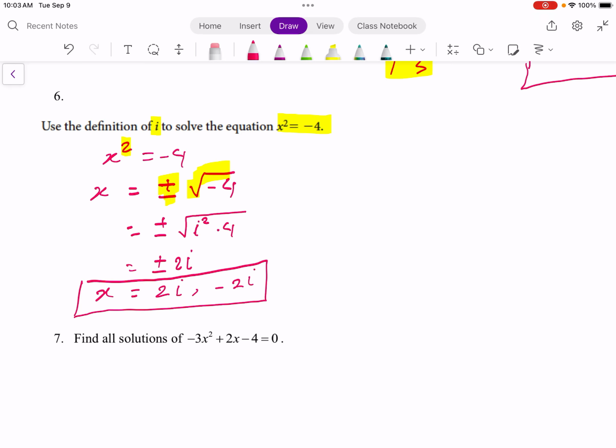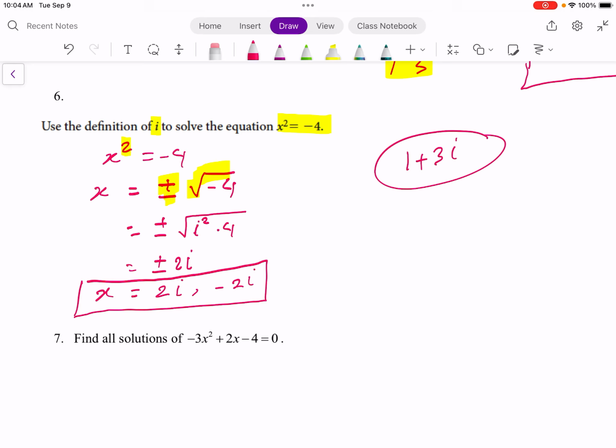Okay, so if we have one complex number as a solution, then its conjugate is also a solution. For example, let's say we have a complex number 1 plus 3i, and this is a solution for some quadratic equation. Then its conjugate will also be a solution. So what is its other solution?